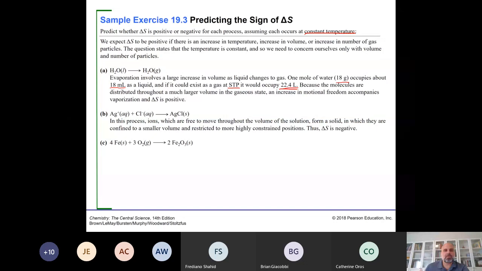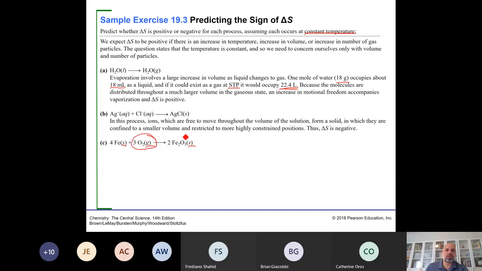We have the next example, 4 iron atoms as a solid react with 3 oxygen molecules as a gas to form 2 iron oxides as a solid. Think about what's going on here. In this example, we have a solid reacting with a gas to form a solid. So we're greatly reducing the amount of movement.